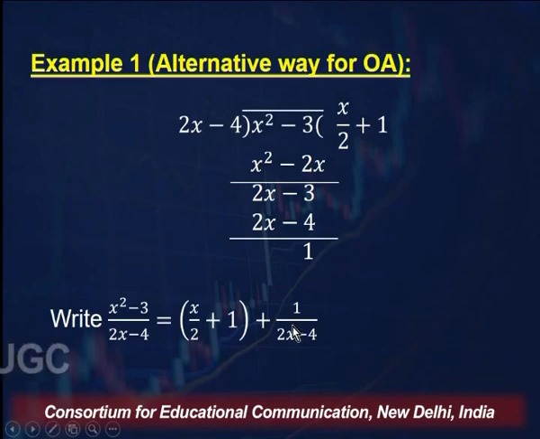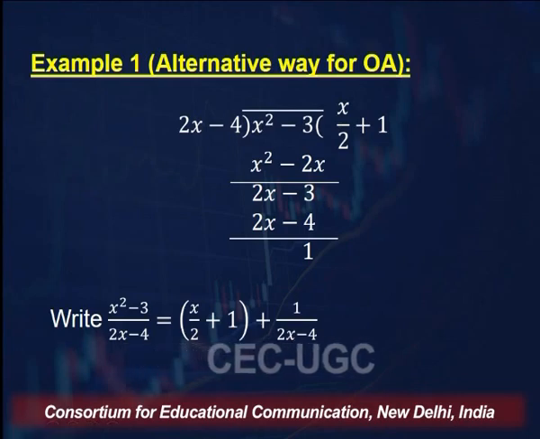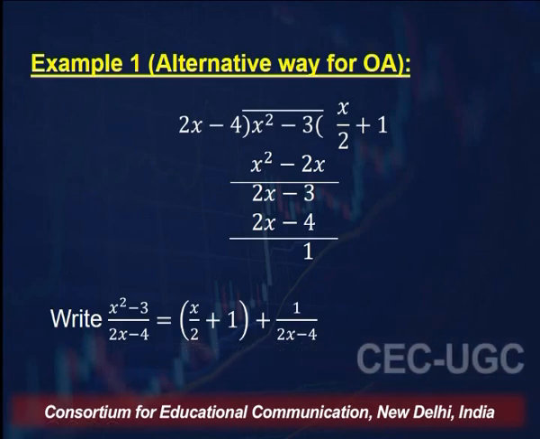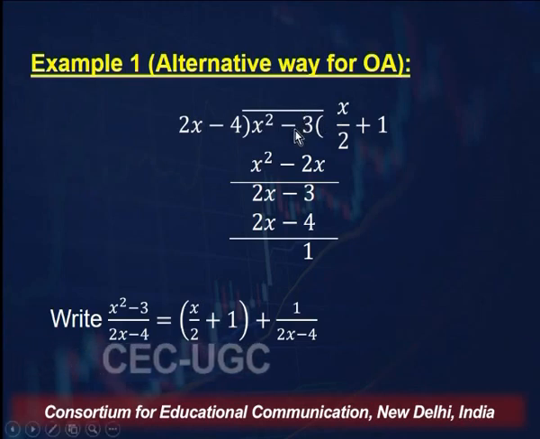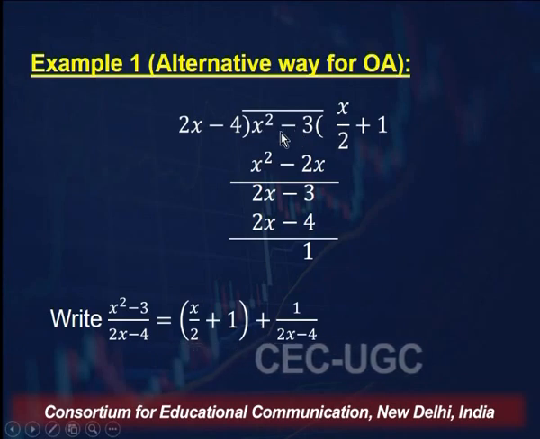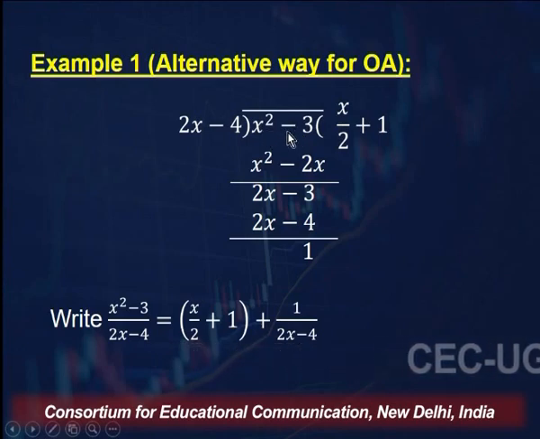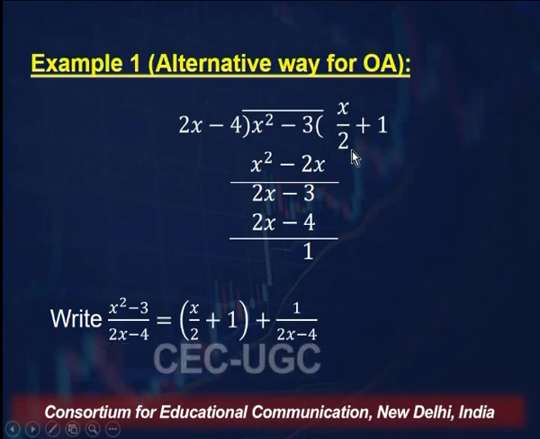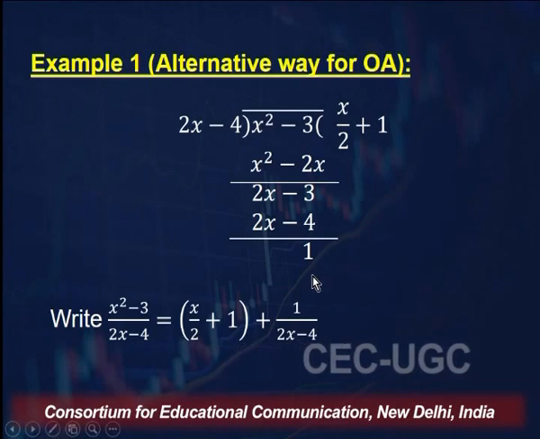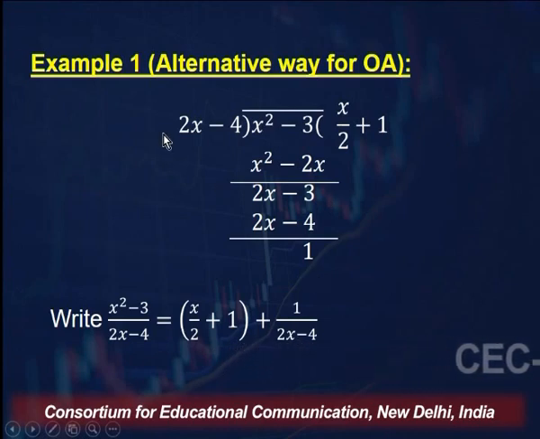So as I said, there is an alternative way also of finding oblique asymptotes, or one would say how to argue it out, which is found in some textbooks. So when you perform this long division, you know that you can write x squared minus 3 by 2x minus 4 as x by 2 plus 1 plus the remainder 1 divided by the divisor 2x minus 4.